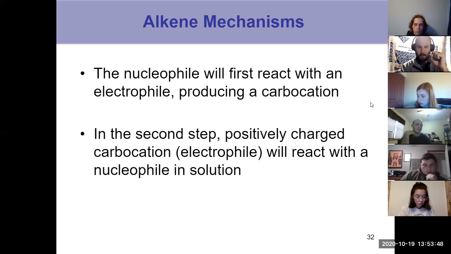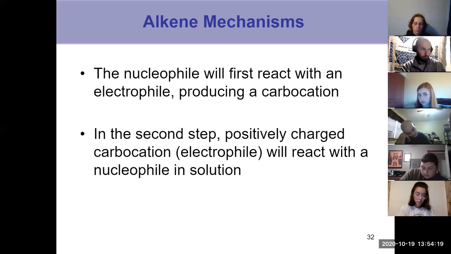So it only has 3 bonds going to it, meaning we temporarily have a carbocation. Remember, that means a positively charged carbon. And then in the second step of reactions of alkenes, that carbocation, which has a positive charge, meaning it's an electrophile, picks up a nucleophile in solution to form a new bond. So those two slides, 31 and 32 here, give you the general description of a reaction of an alkene.